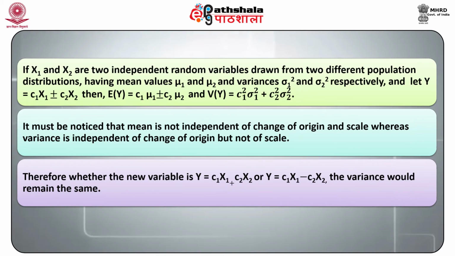If x1 and x2 are two independent random variables drawn from two different population distributions having mean values mu1 and mu2 and variances sigma1 square and sigma2 square respectively, and let y is equal to c1 x1 plus or minus c2 x2, then Ey is equal to c1 mu1 plus or minus c2 mu2 and Vy is equal to c1 square sigma1 square plus c2 square sigma2 square.